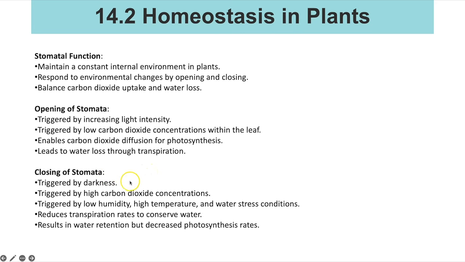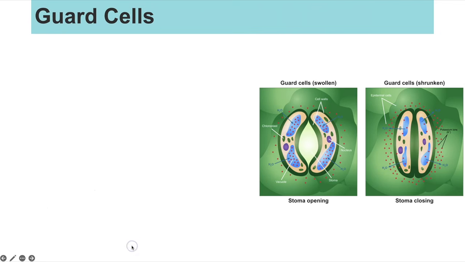The stomata will close if it's darker. It's also going to be triggered by high carbon dioxide concentrations in the plants, and by low humidity and high temperature, because you want to reduce water loss under those water stress conditions. When it closes, it reduces transpiration and therefore it conserves water.